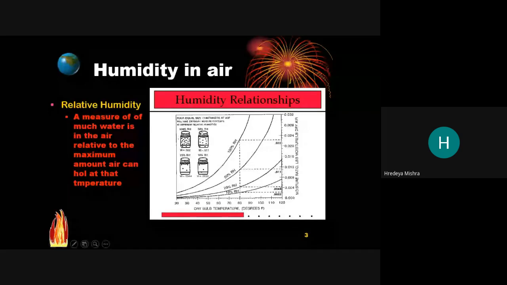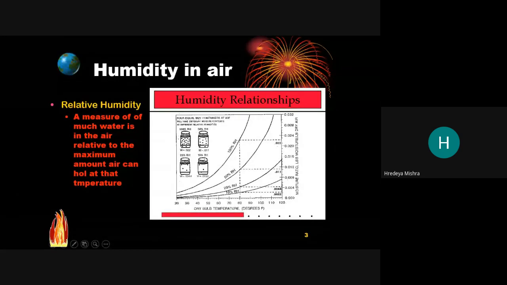This is 50% relative humidity. This is 20%, and this is 10%. See, there is the dry bulb temperature in degrees Fahrenheit, and this is our moisture ratio, pounds of moisture per pound of dry air.